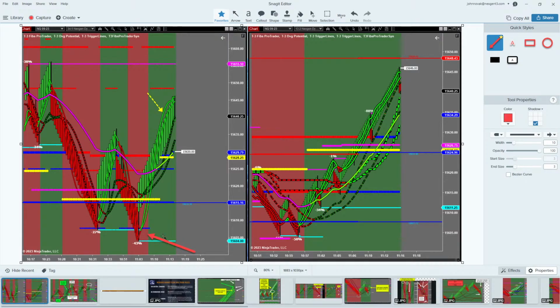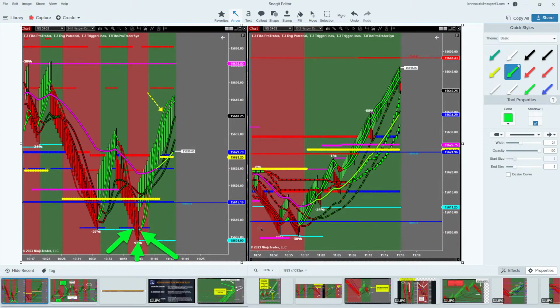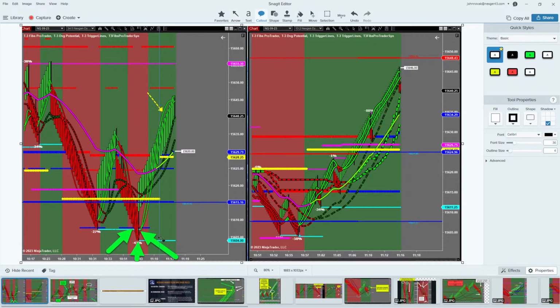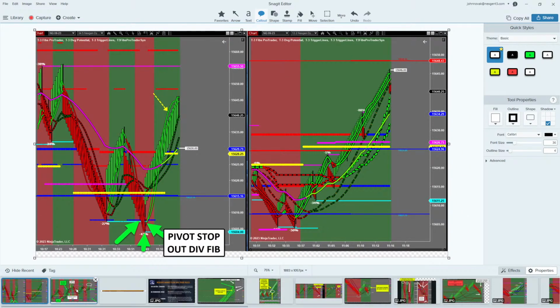At the low, let me use a brighter color because that sucks. Hang on. There you go. You guys can see that, right? At this low right here, I'll put 3 arrows on it. This is what's called our pivot stop out, right? Pivot stop out at divergence, at fibs. There's pretty much everything on the planet right here that says we're going down.